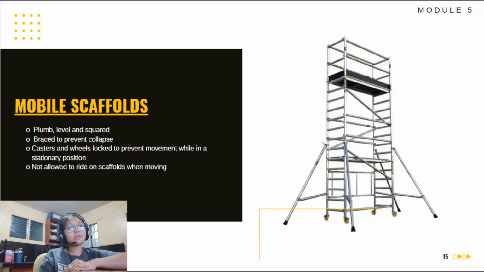Usually, ang mga mobile scaffolds have lock on their wheels, parang wheelchair na pwede silang i-lock sa baba. Diba? So, maganda na i-check din yun. So, pang-apat is not allowed to ride on scaffolds when moving. Syempre, kapag gumagalaw yan, hindi siya stable.